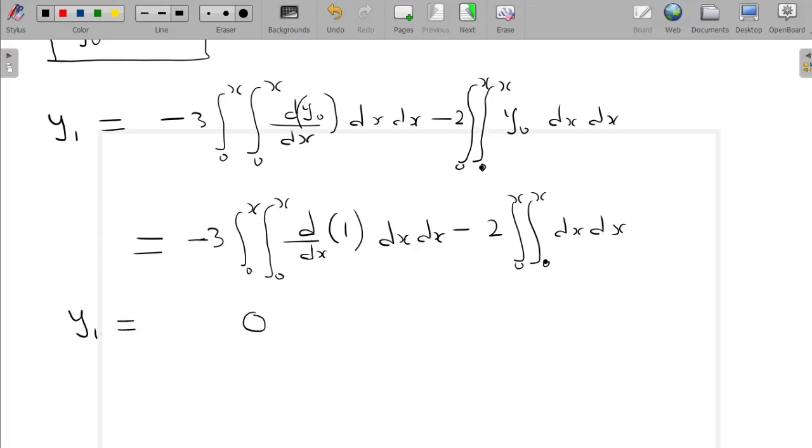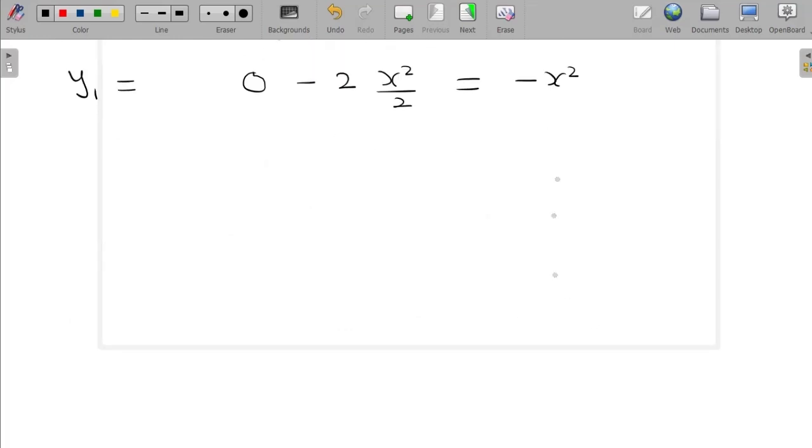The entire first term here will be 0, minus 2. So integrating that twice is going to give us minus 2x squared over 2, and with further simplification, gives us minus x squared.